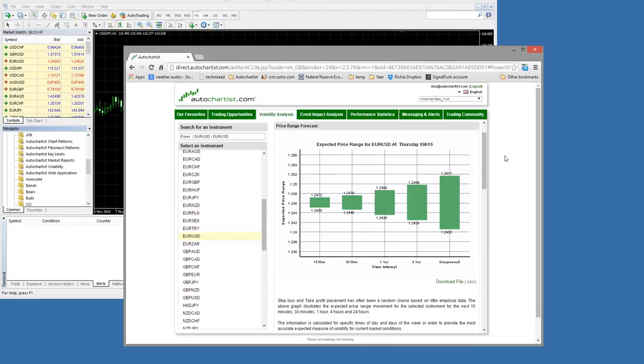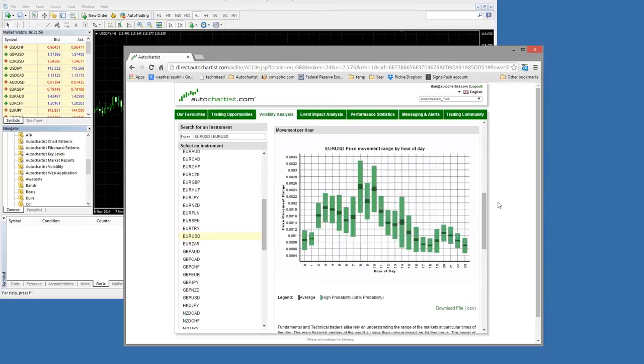Okay. Fabio is saying, what is the accuracy of these levels? By definition, the accuracy of these levels is about 67%.